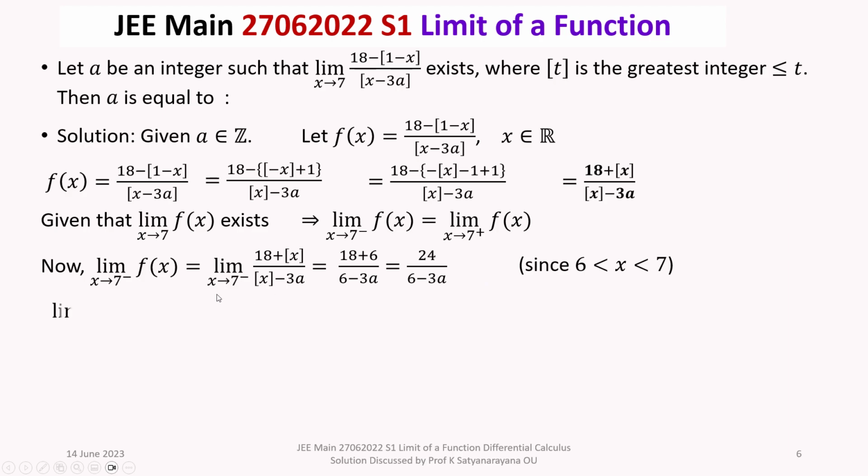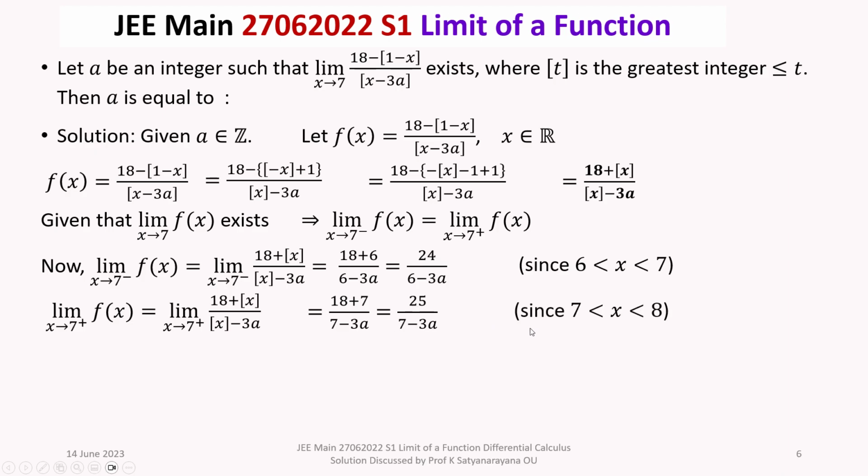In a similar fashion, the limit as x tends to 7 plus of f of x, from the right hand side. That means x takes a value more than 7 but less than 8. Then the greatest integer less than or equal to x will be 7. So this will be 18 plus 7 by 7 minus 3a, that is equal to 25 by 7 minus 3a.